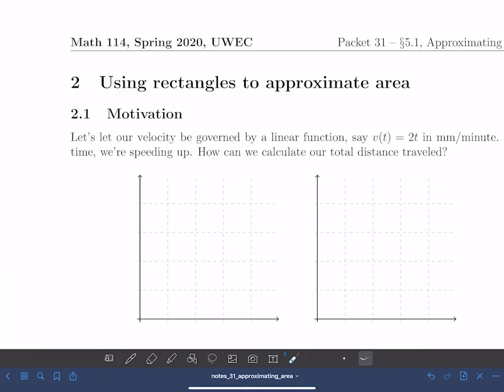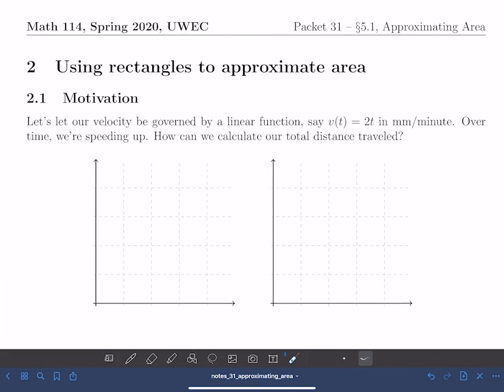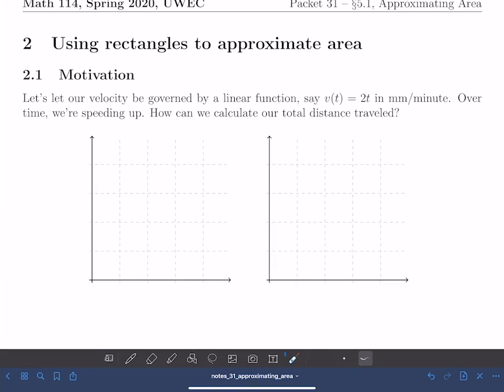And we're going to focus our attention on uniform partition approximations using rectangles. I want to start by considering a scenario. It's all about a rate of change and integrating that rate of change. So we're going to start with a rate of change, our velocity, right? The velocity is the rate at which position changes.